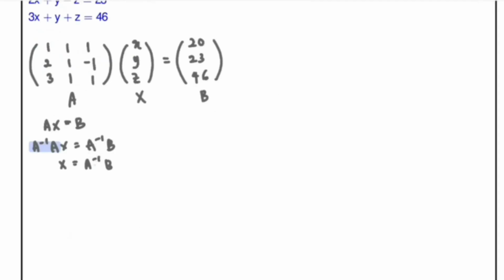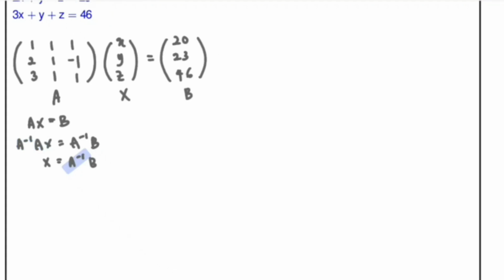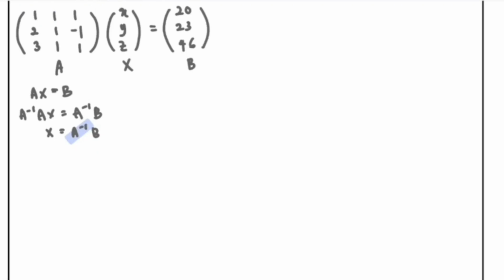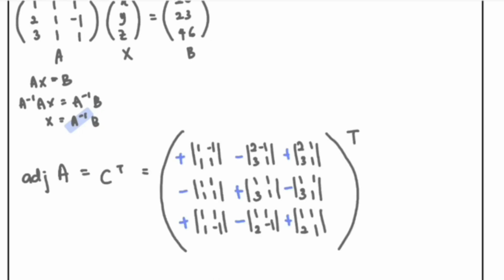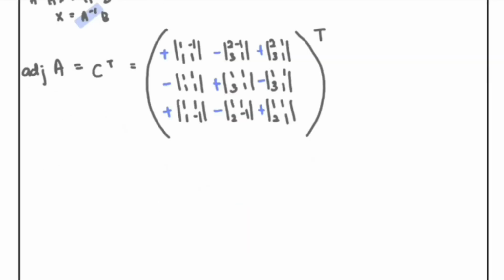So I'm going to find A inverse using adjoint matrix. Let's find the adjoint matrix first. As you already know, adjoint matrix is cofactor transpose. I already filled in the numbers there. Let's simplify the matrix. Don't forget the transpose sign.